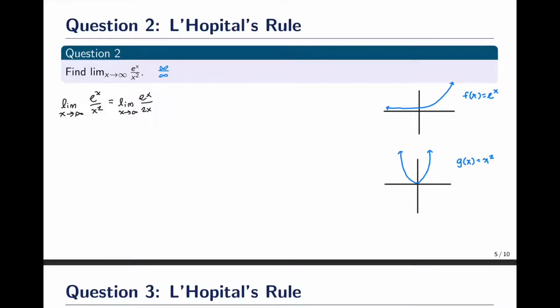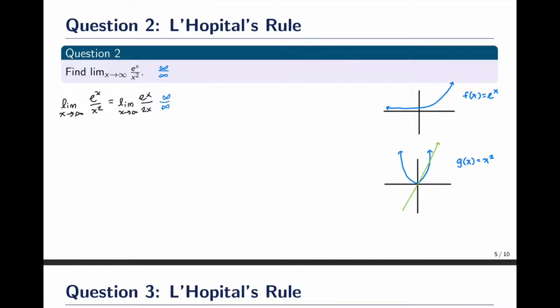Now in the denominator, I no longer have the function x squared. I have the function 2x, which looks maybe something like this. But regardless of the fact that the function in the denominator is now 2x, as I traverse along the positive x-axis, it still goes off to positive infinity. So I'm left with, again, an infinity over infinity type indeterminate form.